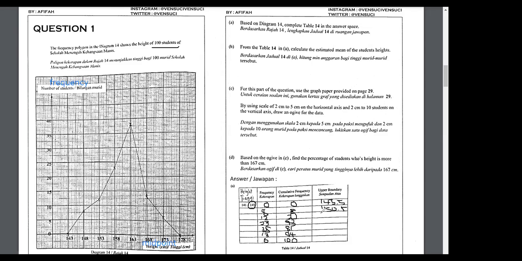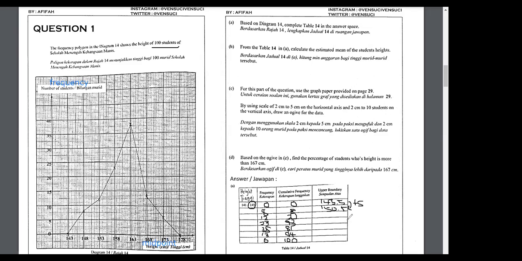When you get this kind of answer, you can have a look and compare. You see the first class and the second class, the difference between them is only 5. So usually the progression is plus 5 for every class. So you can plus 5 to each of the answers. From the third one, you can use the second one and plus 5. So the answer is 150.5 plus 5 equals to 155.5.